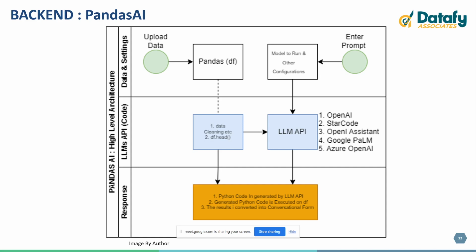Along with our prompt, we also input the structure or metadata of our pandas data frame, so that it takes the question and the metadata from the data, and based on that it generates Python code, and we run that Python code to generate or summarize our data. Then that result is either displayed to the user, or if the option is conversational form, it goes back into the LLM again to summarize the result and answer the way we want to see it as a human.